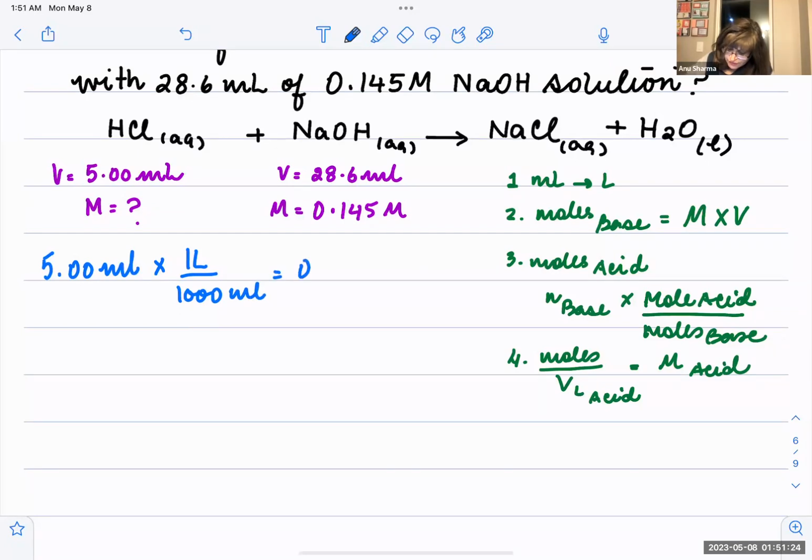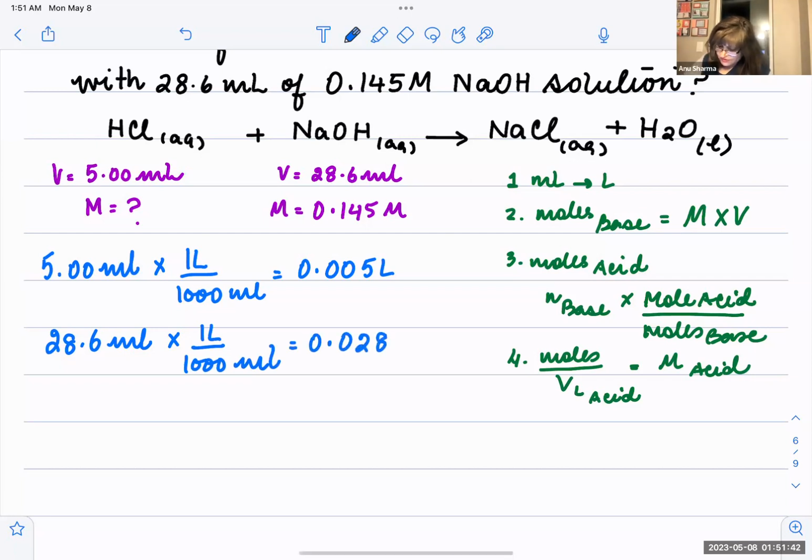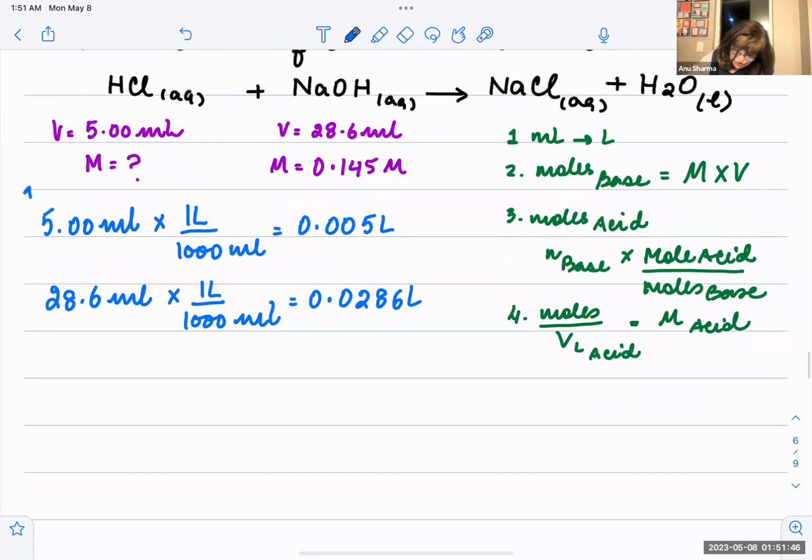So that gives you 0.005 liters. Next is 28.6 milliliters times 1 liter over 1000 milliliters, and that gives you 0.0286 liters. So that was the first step.